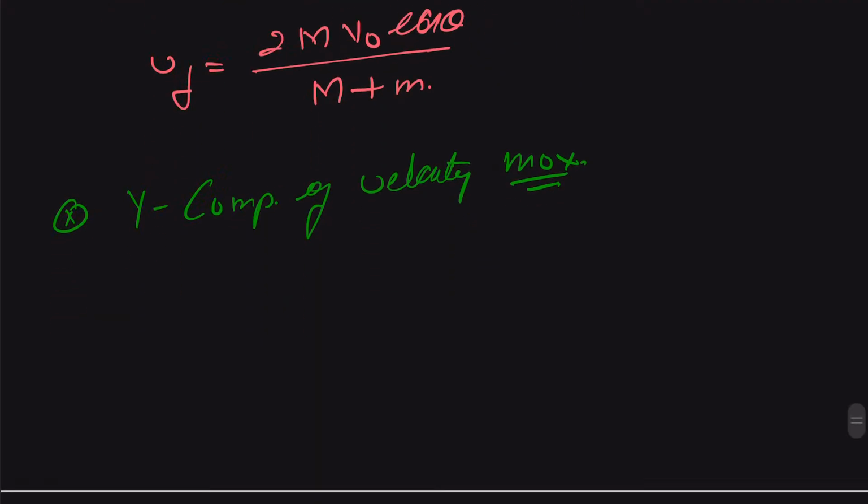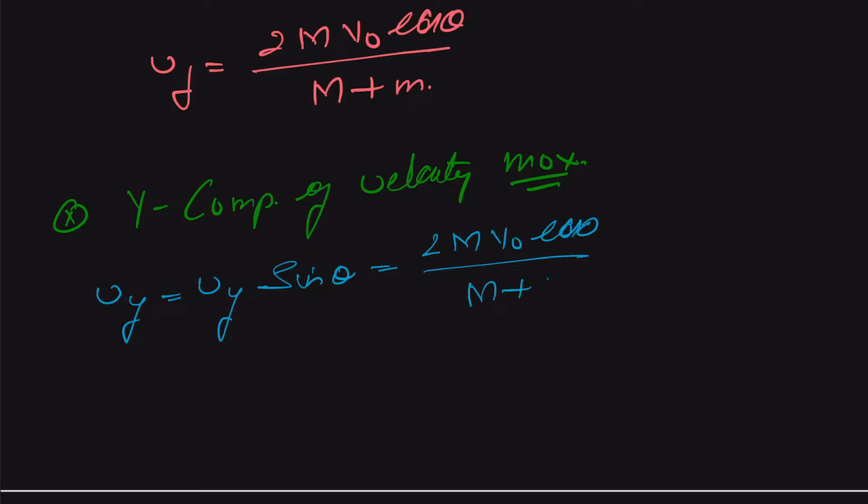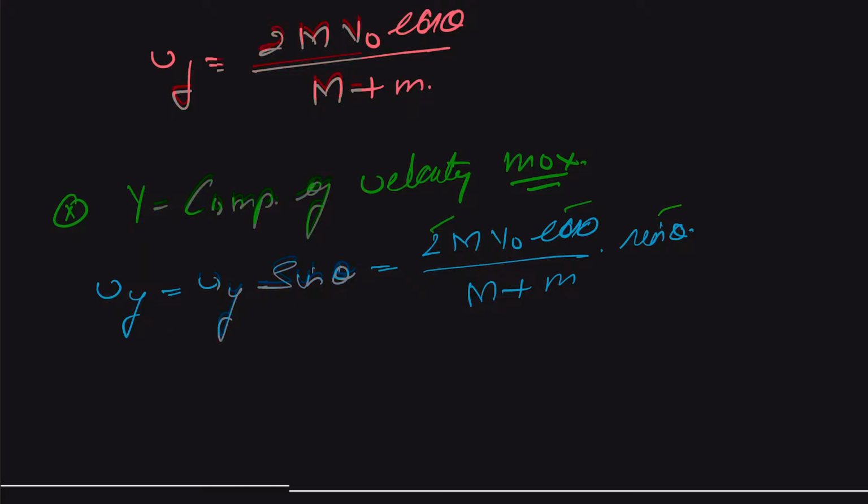So we can write its y component: we have v_y is equal to v sine theta, and v already calculated. So this comes as twice m v naught cos theta over M plus small m times sine theta, and we can just combine these two, cos theta and sine theta, giving us sine 2 theta.